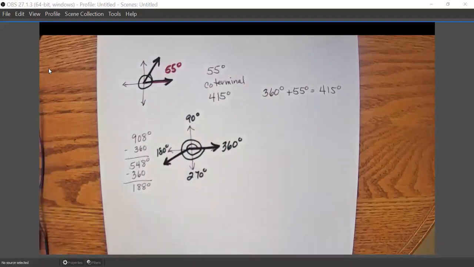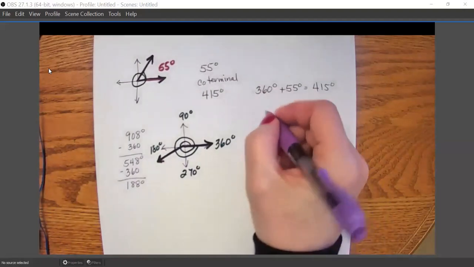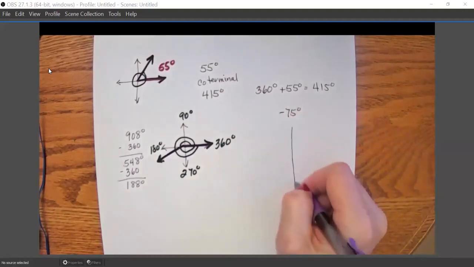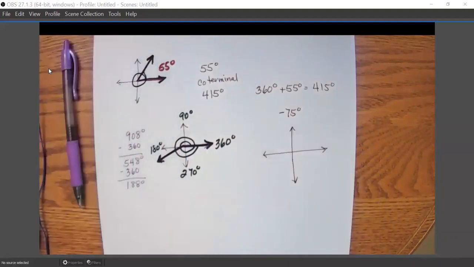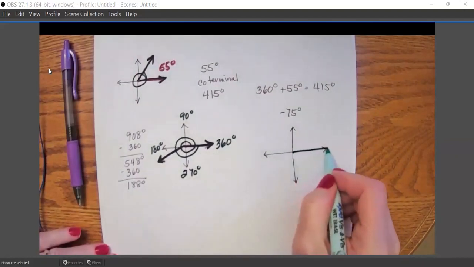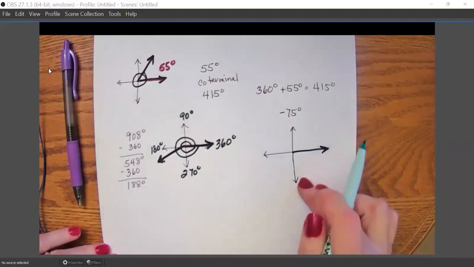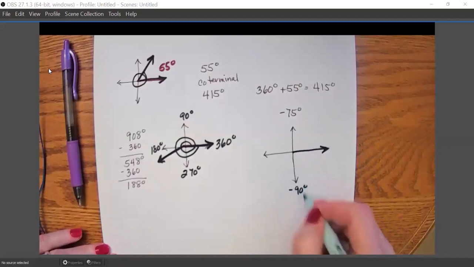About the second example, we want a coterminal angle with a negative 75 degrees. All right, so with a negative angle, we go clockwise, not counterclockwise. So we still have our initial side at 0, but now we're going to go down as our direction. So this would be negative 90 degrees.